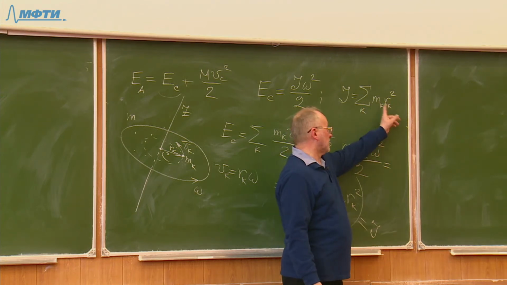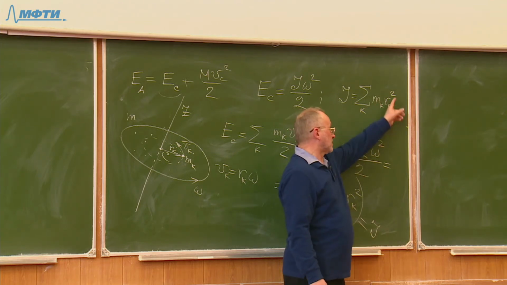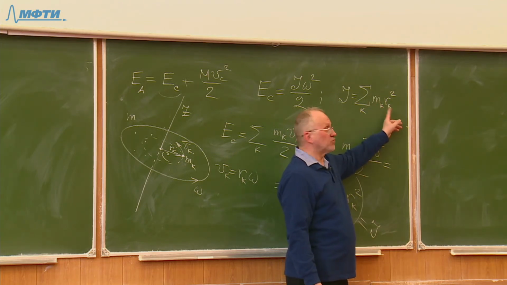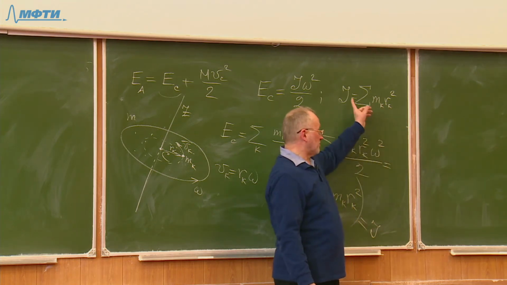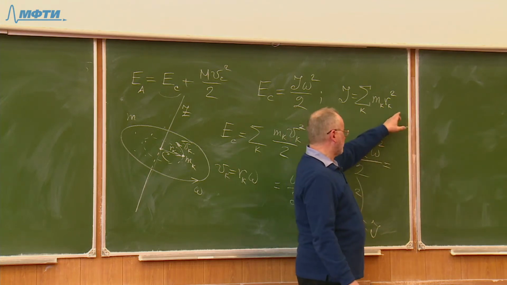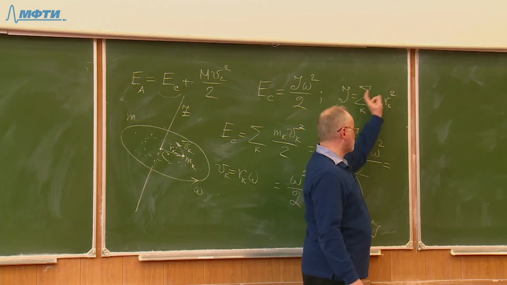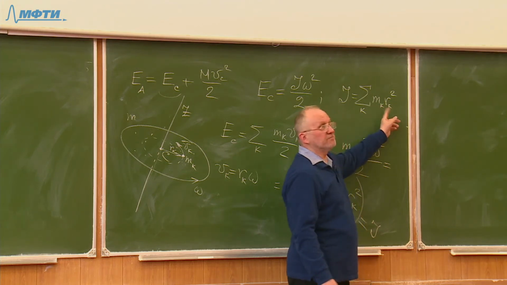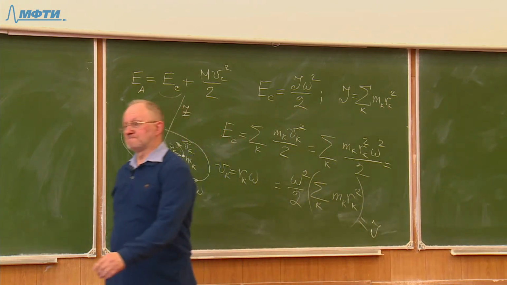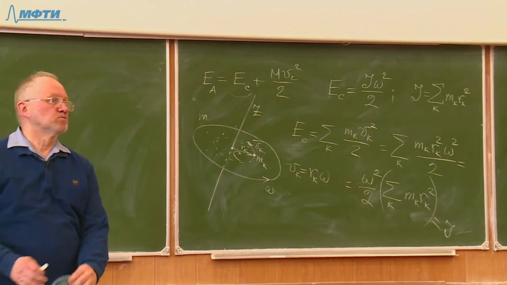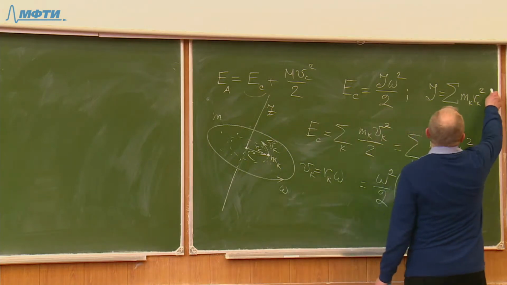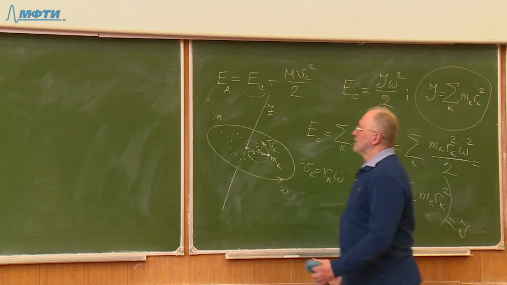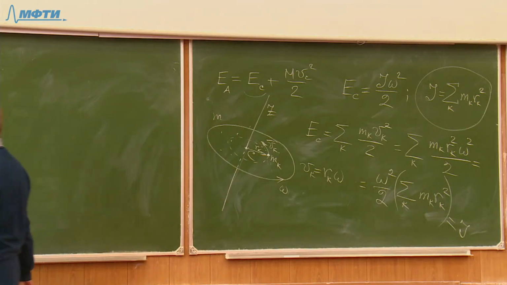So in this sum there are such terms as m1 r1 squared plus m2 for the second point plus m3 for the third point, etc. There may be thousands of points, and that is the general expression for any arbitrary point number k. That's the definition of the moment of inertia. And we will talk a little bit about this quantity and how it can be calculated.